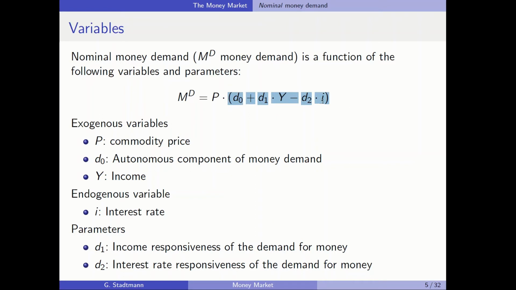The terms in brackets are real variables, so we have to multiply through by the goods price in order to receive nominal money demand.